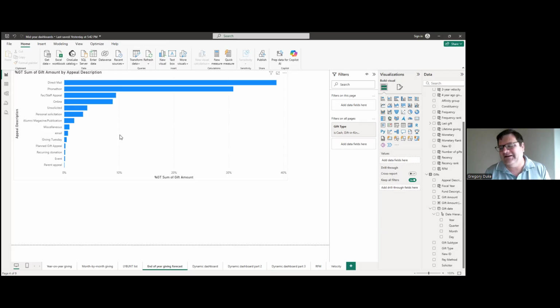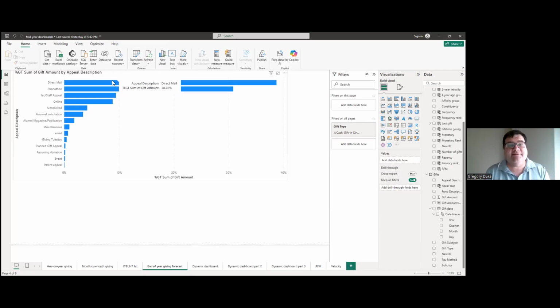So it's kind of like, if you don't look for something, you're not going to find it. So this is another way of taking a look. Okay, say we spent half of our resources on direct mail, but we're only getting 38.72% of our gifts during this time by direct mail.